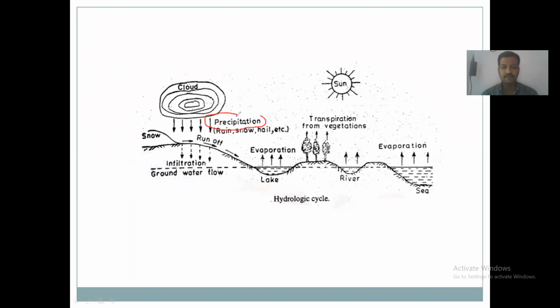This is precipitation. After precipitation, the water will infiltrate into the ground, or excess water will flow towards the lake, river or sea. So during high temperature, evaporation and transpiration occur. These are the second terms. Evaporation from the water surface. This is the evaporation process.